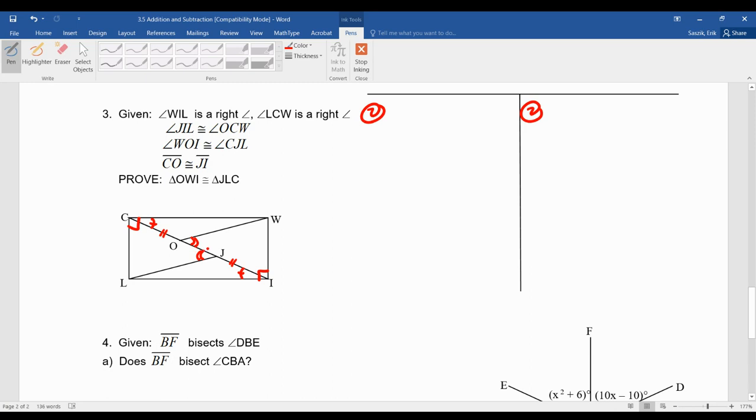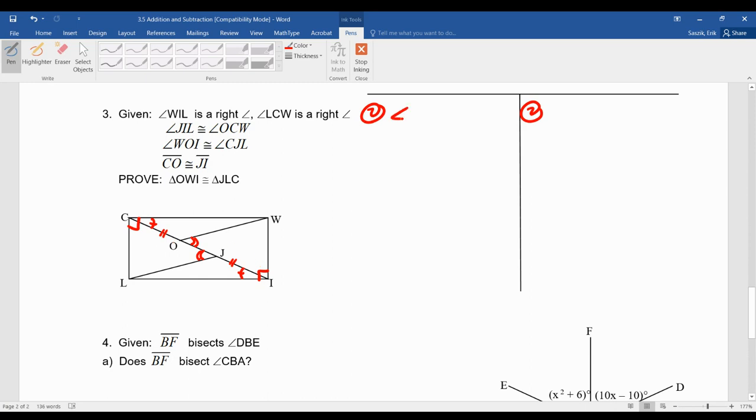I almost have a side, but I can get this side CJ congruent to OI easily just by adding this segment. You see, if this segment here is added to congruent segments, then the sums are congruent. And then I can get this angle because I got this right angle here and here, and I got this congruent. That means I can get this from subtraction.